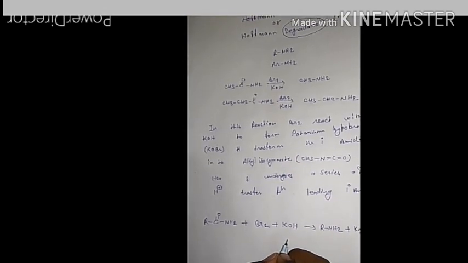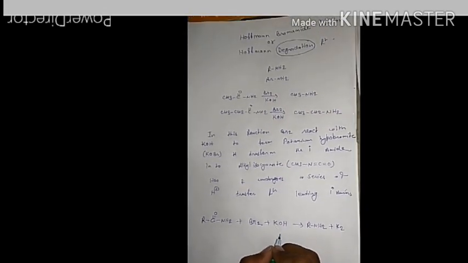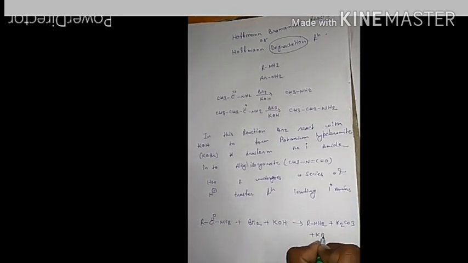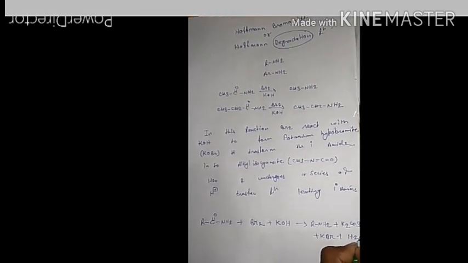In this reaction, carbon dioxide gas is also released, which reacts with potassium hydroxide to form potassium carbonate. This is the potassium bromide and water molecule.